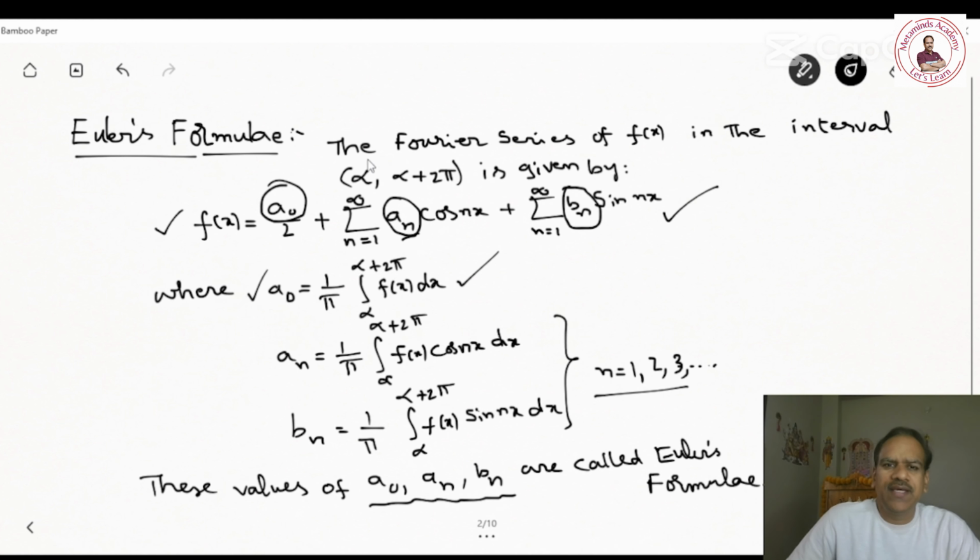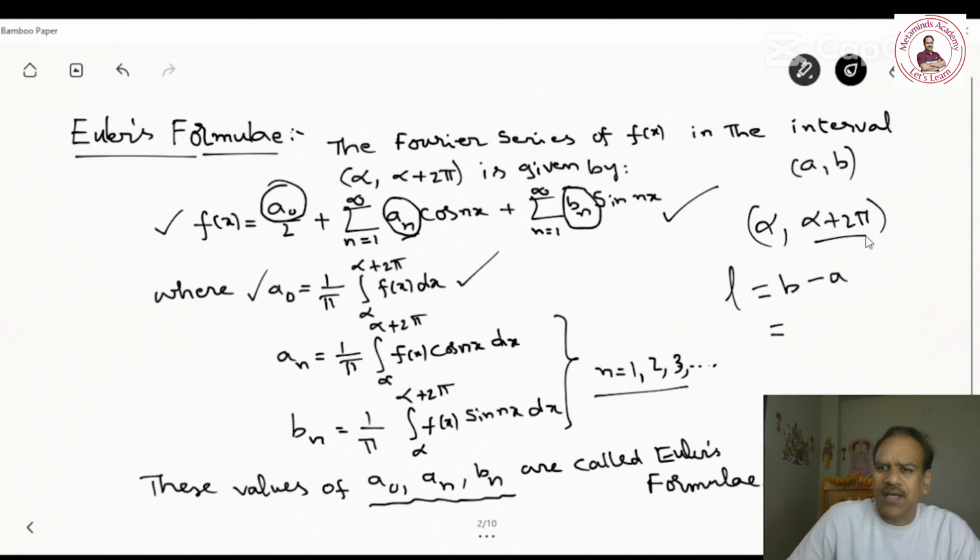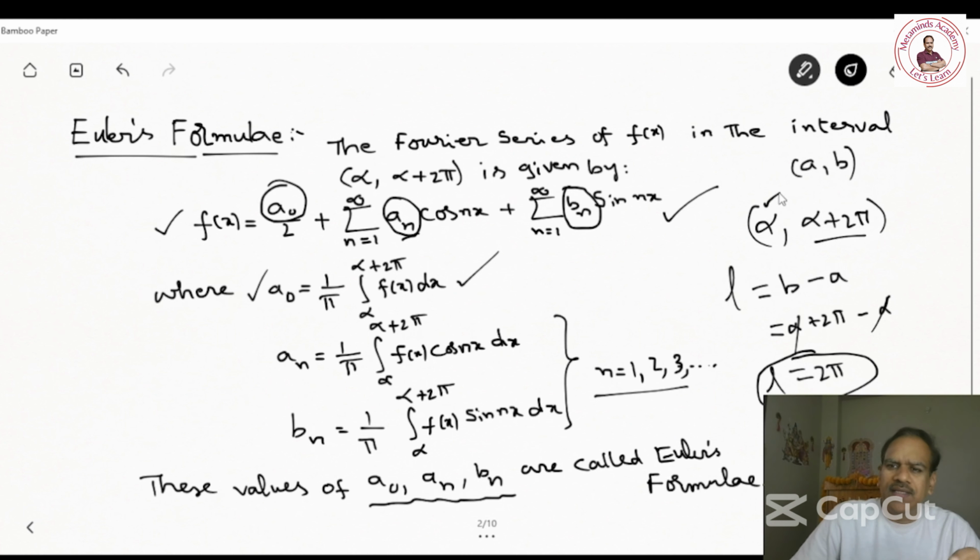So what is this interval here? The interval is alpha to alpha plus 2 pi. What is the length of the interval? If you have an interval a comma b, the length of the interval is b minus a. Here b is alpha plus 2 pi and a is alpha, so the length of the interval is 2 pi. Irrespective of the value of alpha, the length of the interval is always 2 pi.